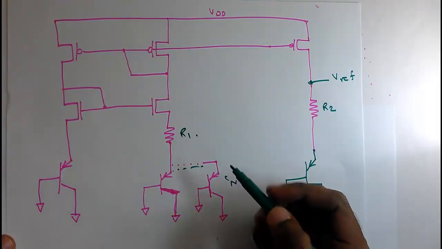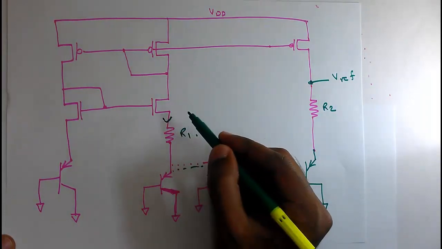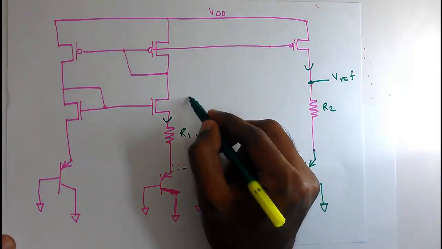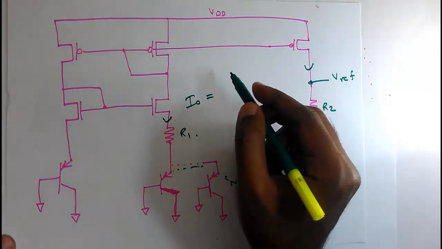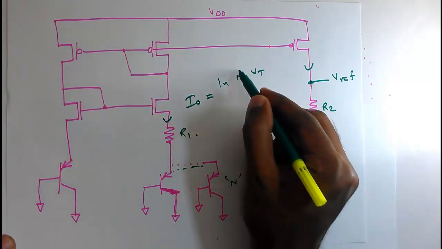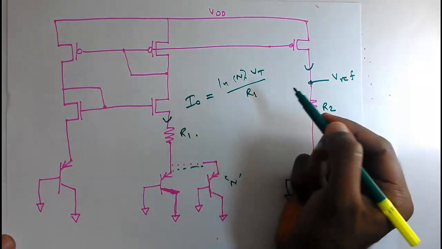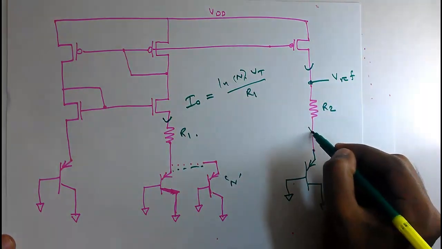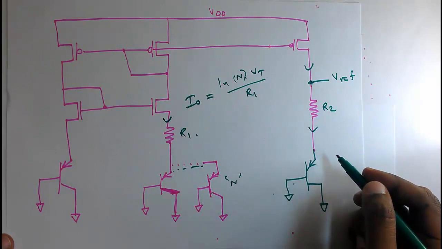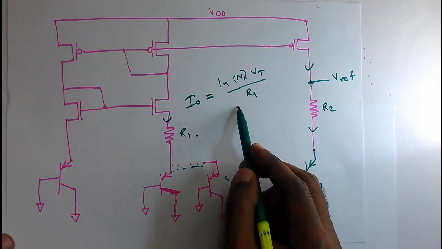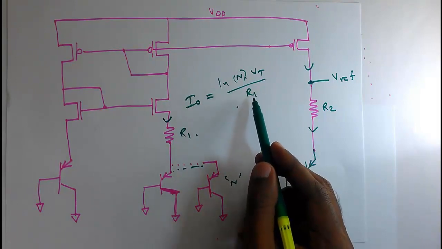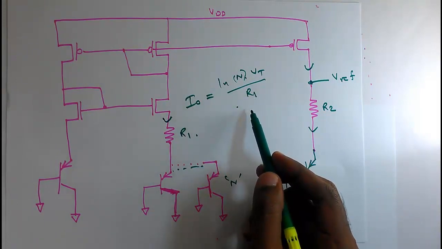So I0 is equal to ln n into Vt divided by R1. The same current will flow through this branch also, and the same current will flow through our diode, which should act as a CTAT. We already derived this expression for the current. If you have any doubt, you can go back to our discussion on PTAT and you can find this expression there.